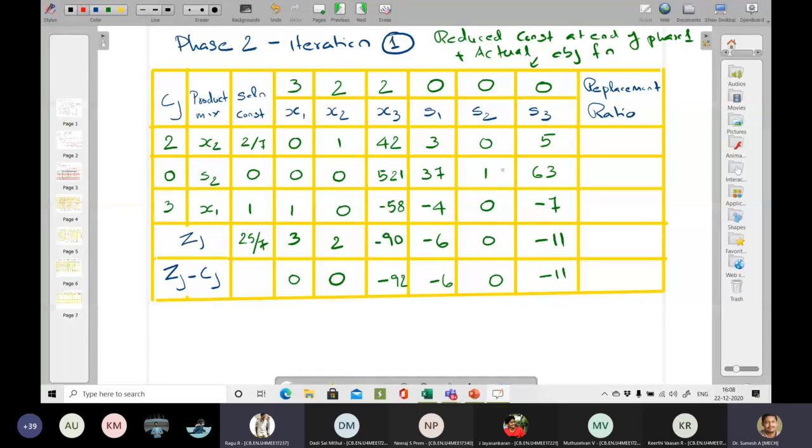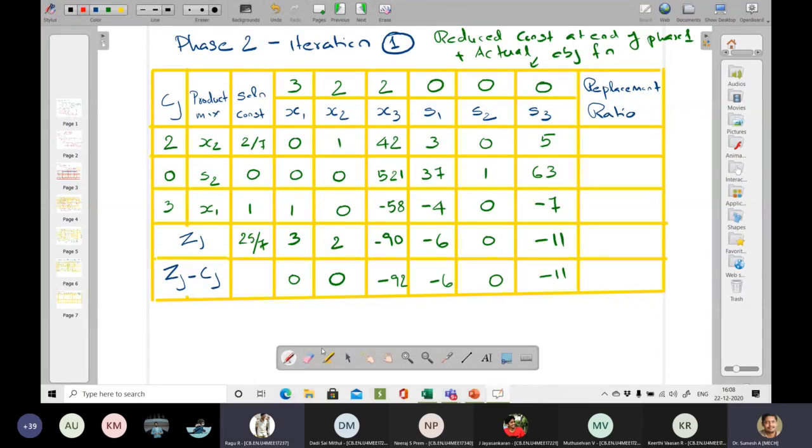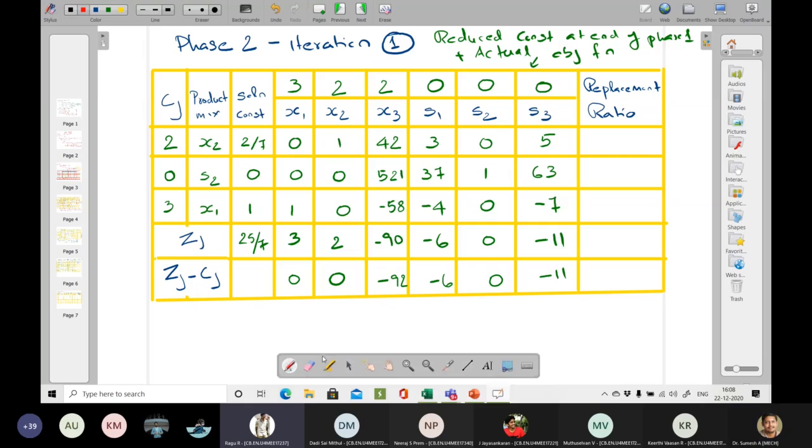Okay, so I have to go for the next iteration. So tell me which is the key column. X3, sir. Okay, so you have got the most negative coefficient, minus 92, in X3. So X3 will become your key column.